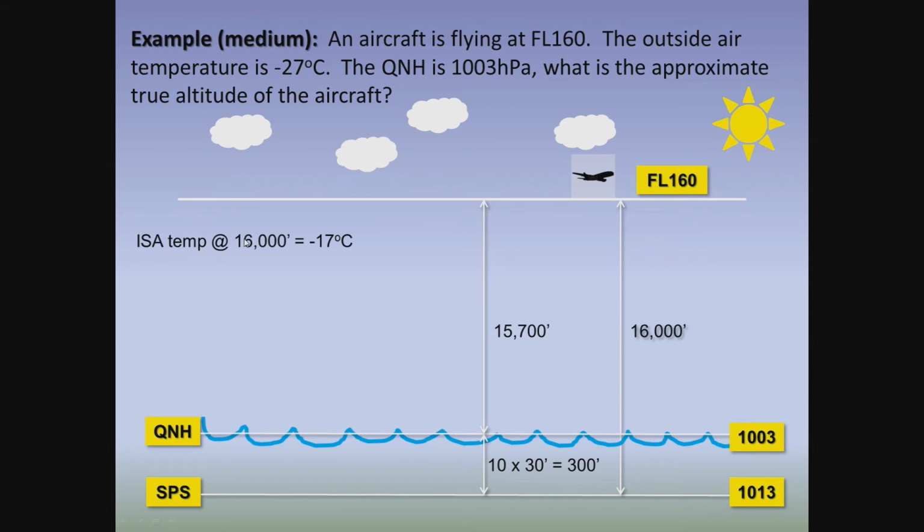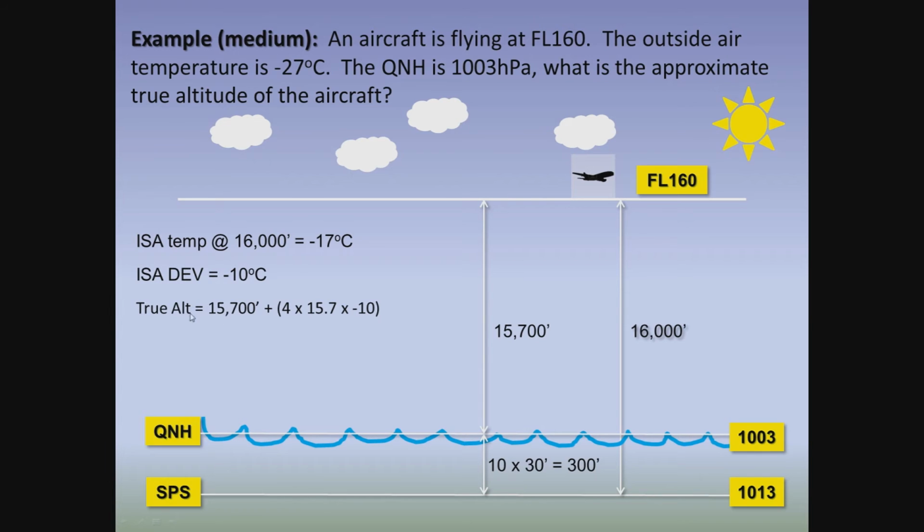Now the ISA temperature at 16,000 feet, as in the previous example, should be minus 17 degrees Celsius. However, we know that we're at minus 27, so we're 10 degrees colder than ISA. So the ISA deviation is negative 10. Putting this into the equation gives us indicated altitude, which is 15,700.